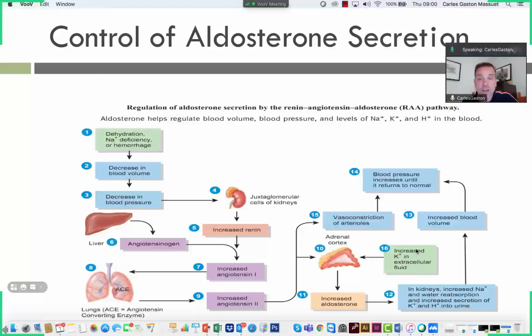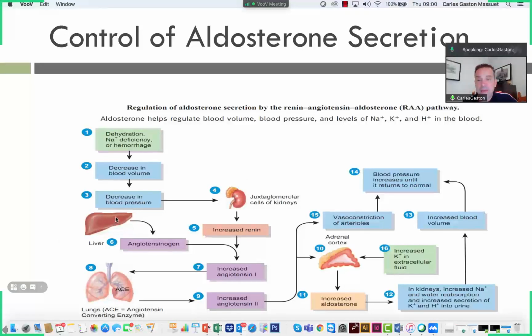So it's very important also for regulating the osmolarity in the blood. Let's say that there is dehydration in step 1, decreased sodium, deficiency, or a hemorrhage. That decreases blood volume and blood pressure, and signals to the kidney.